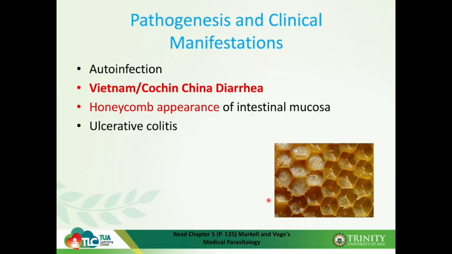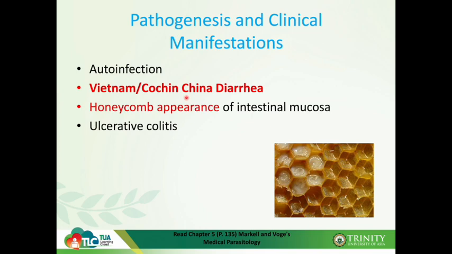For the pathogenesis and clinical manifestation, sabi nga natin, it is capable of auto-infection. What do you call the disease? By the way, it's strongyloidiasis, but it is also referred to as Vietnam diarrhea or Cochin China diarrhea. Bakit Vietnam or Cochin China?